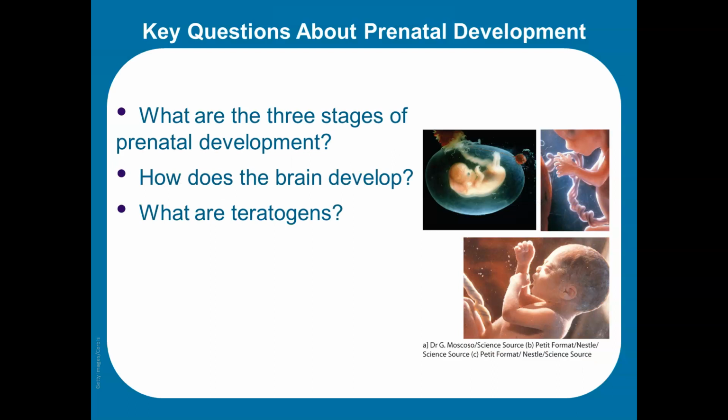When we're talking about prenatal development, we want to understand what the three stages of prenatal development are, looking at each of these images a little more in depth. Something that all of us psychologists and neuroscientists are interested in is, how does the brain develop? And what are some of the factors that can inhibit development? Those factors are what's known as teratogens. We will take a look at those as we proceed here.